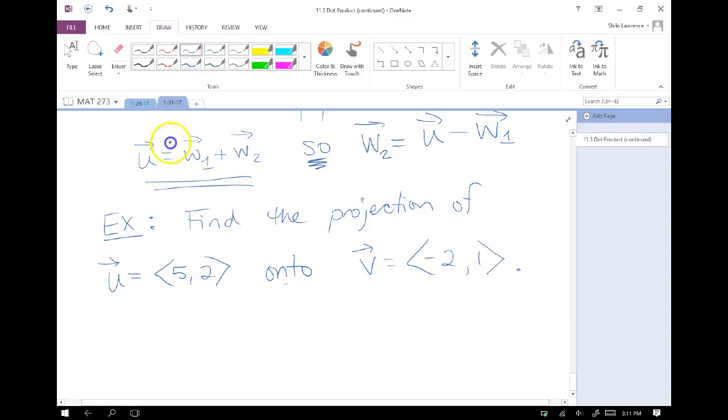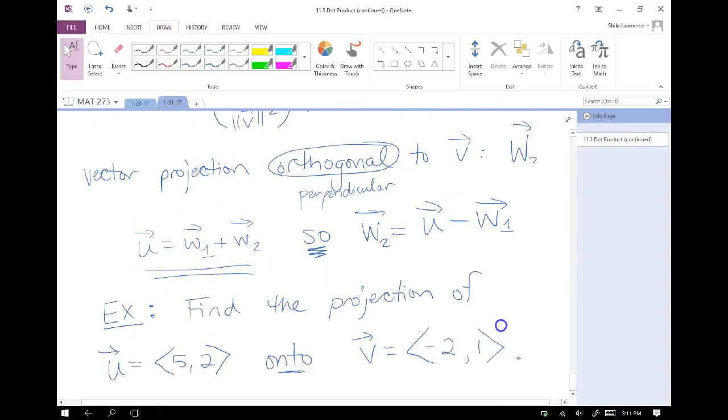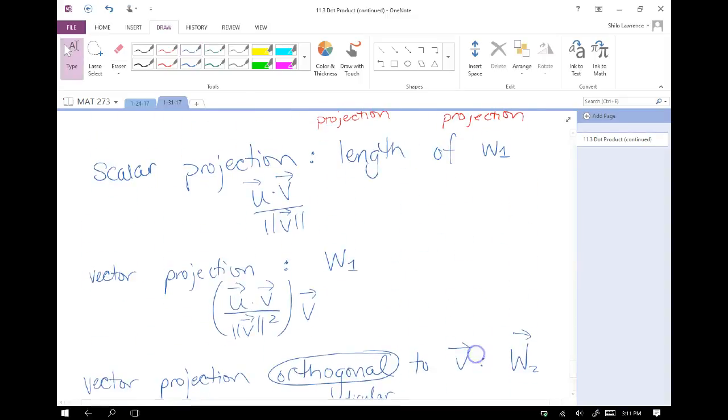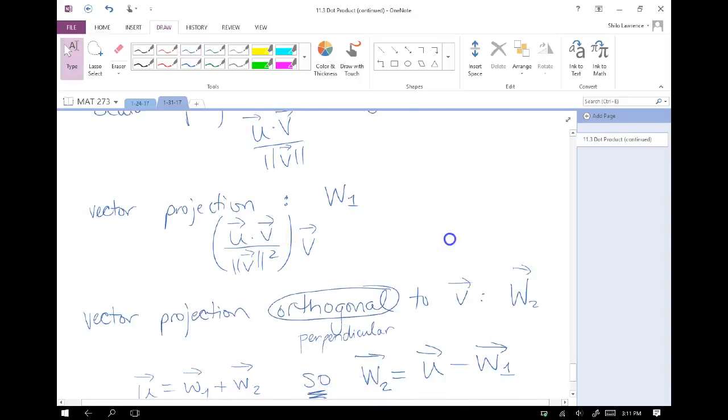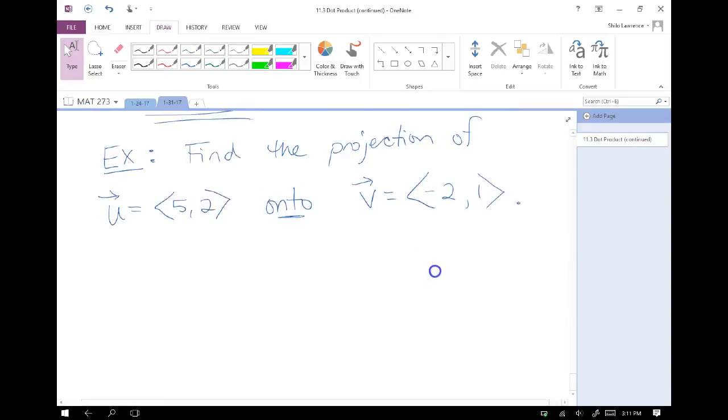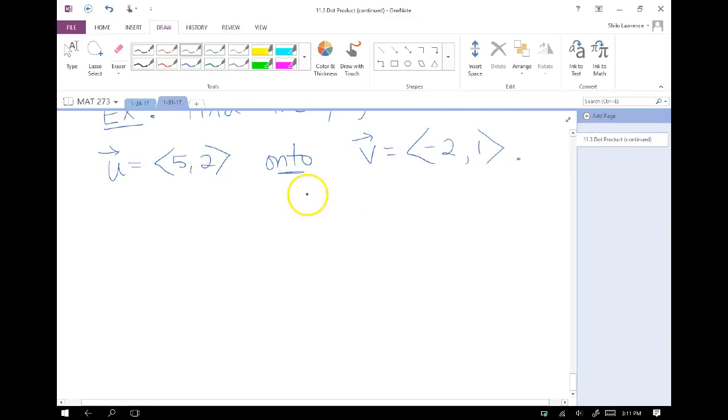So U is being projected onto V. That means our answer is in the direction of V. V just might not be the correct length right now. So part of the calculations that we're going to be doing is figuring how we need to scale V appropriately, make it bigger or smaller, so that we can use it as part of the sum. So I'm going to draw these, show you what they look like, and try to make a guesstimate at what our answer is going to be.